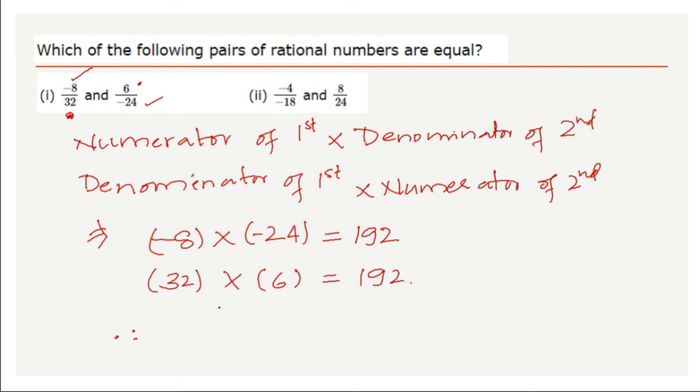Therefore, minus 8 by 32 is the same as 6 by minus 24. They are equal. Let us try solving the next one.